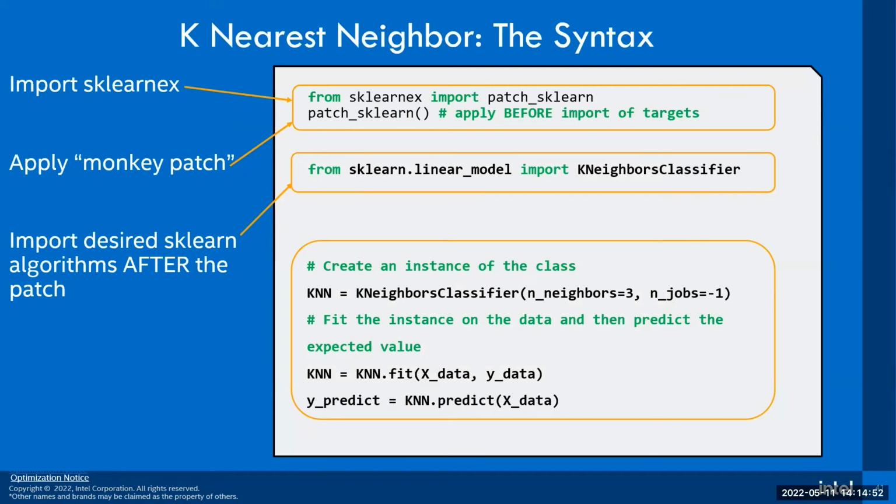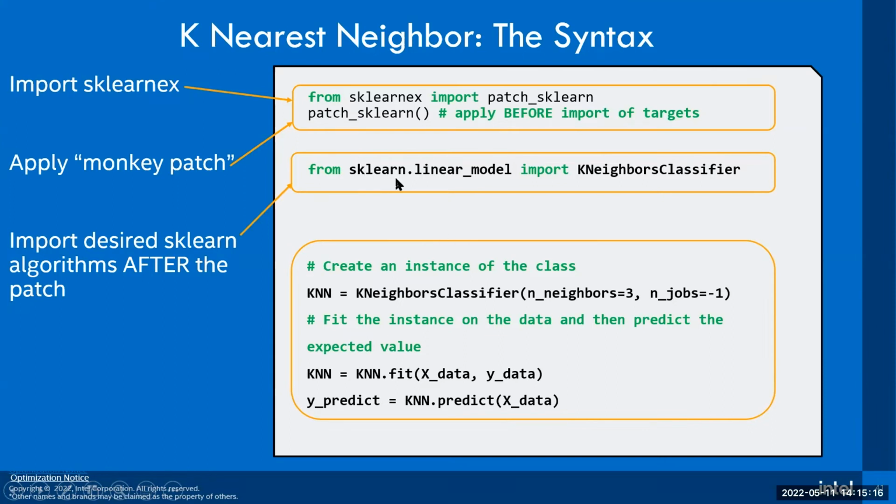For example, in the K-nearest neighbor example, we are using from sklearnex import patch_sklearn. After applying the monkey patch, we import the sklearn linear model and the K-nearest neighbor, and then the other steps remain the same.